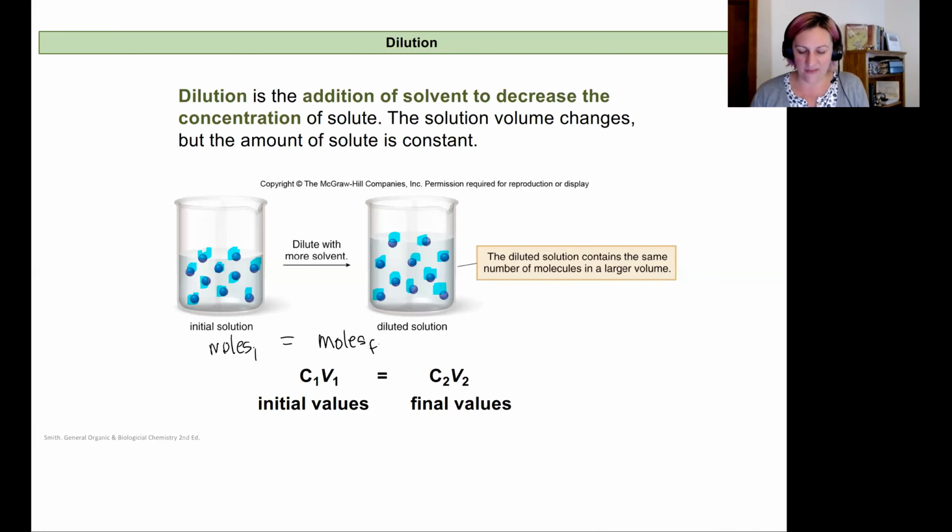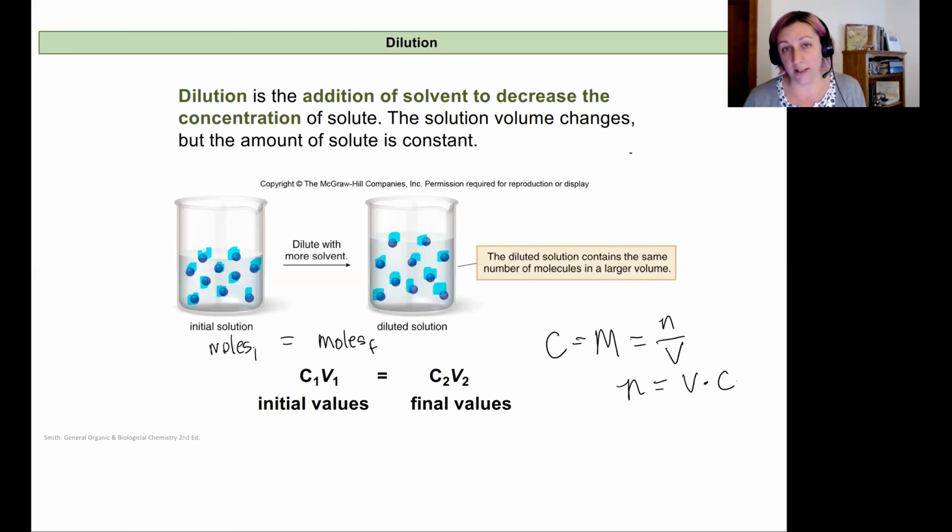I'm going to take my molarity and call it C for now. Textbooks will sometimes show M for molarity, C for concentration in this equation. If molarity equals moles over volume, and we call molarity concentration in this case, we can rearrange this equation so that moles is equal to volume times concentration, or molarity.